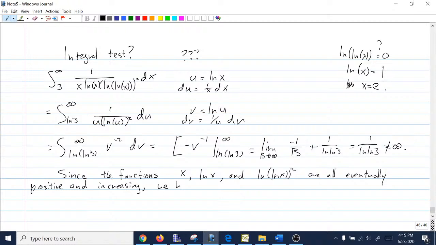We have their product, x log x squared, is increasing and positive.